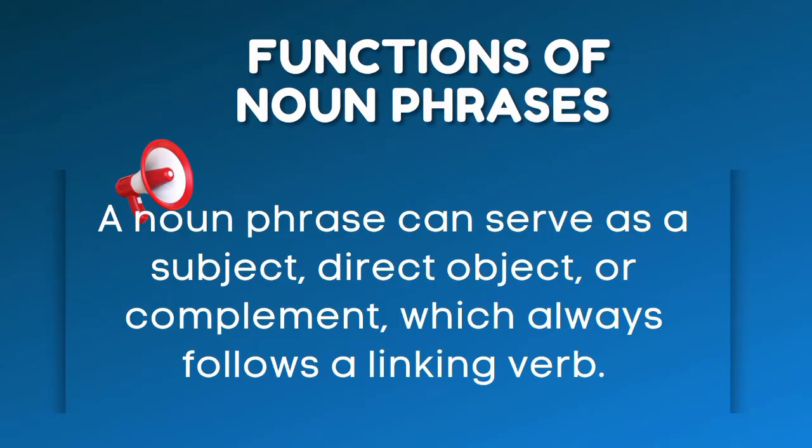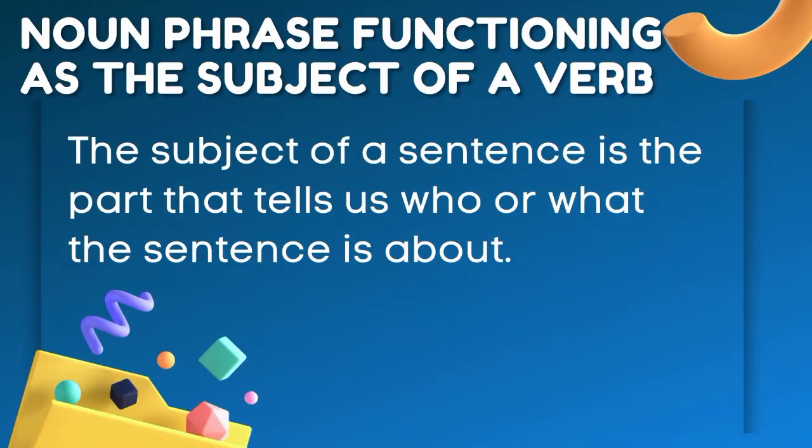And also it can function as a complement: subject complement, object complement, or prepositional complement. But for today's class, we'll be looking at noun phrase functioning as the subject of the verb.